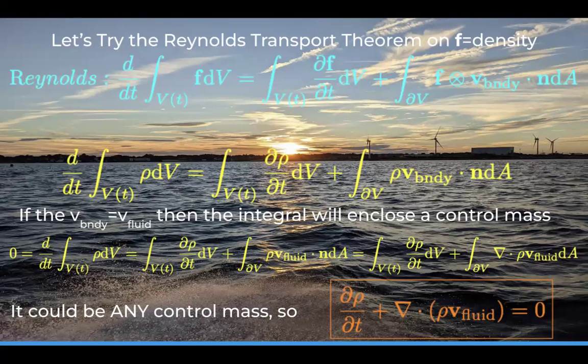All right, double negatives. What if this is a control mass that I'm thinking of? I'm keeping track of all the stuff inside, and I'm always going to integrate over the same amount of mass. What's the rate of change of the density integrated over the volume of that evolving mass?